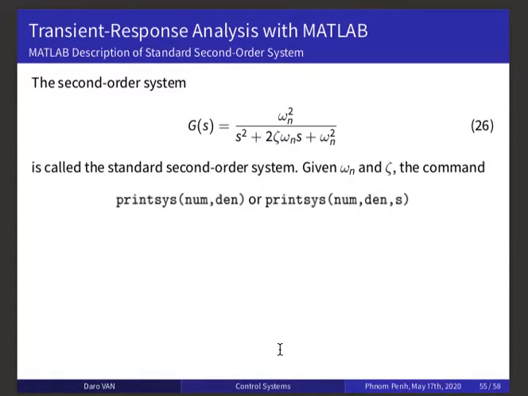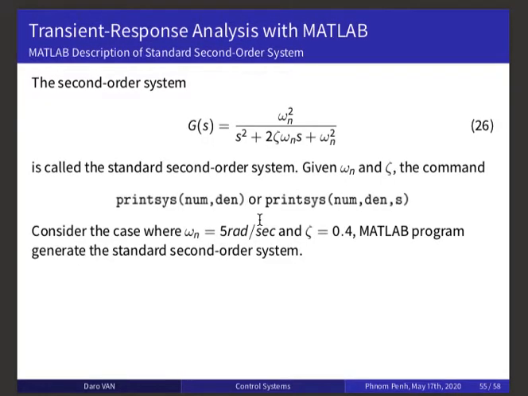And consider now the second order system. This is the standard second order system equation, given omega n and psi. You can use the command printsys by specifying the numerator and denominator. We already studied this in the previous lectures. Consider the case where you have omega n equal to 5 radians per second and psi equals 0.4.